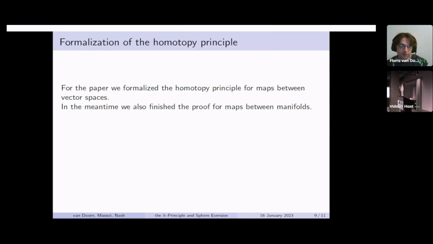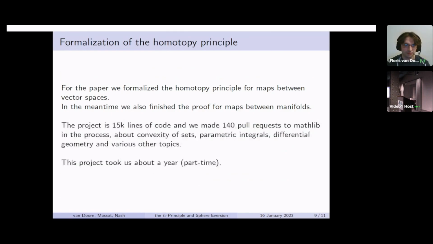So for the homotopy principle, this is a statement for maps between manifolds. Originally, when we wrote our CPP paper, we weren't quite finished with the version for maps between manifolds yet, but we had only finished it for maps between vector spaces. But after that, we continued with the project, and now we actually also finished the general case for maps between manifolds.